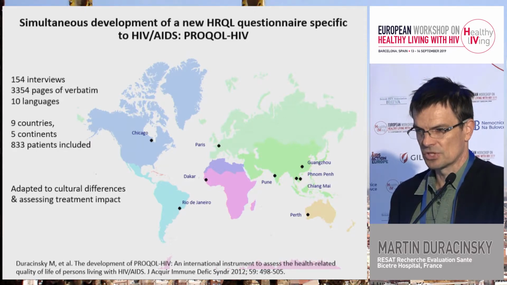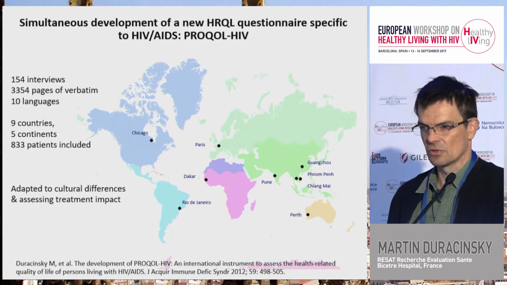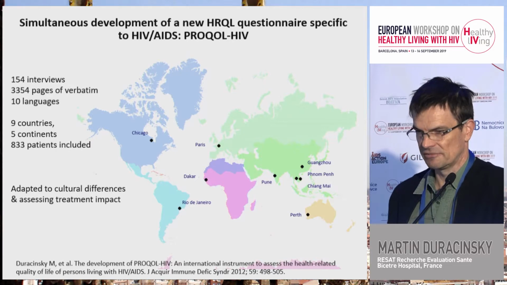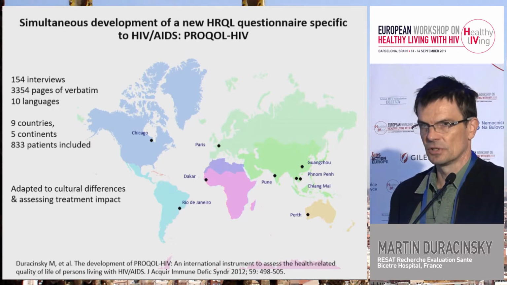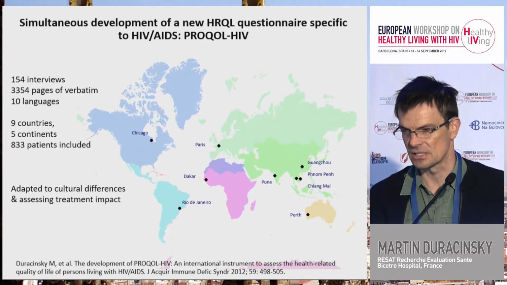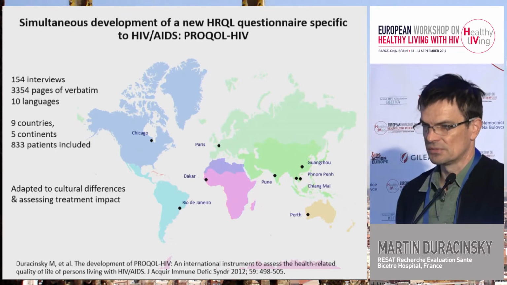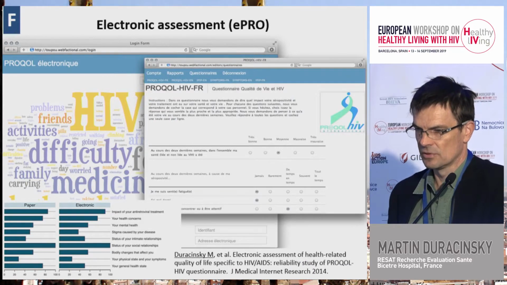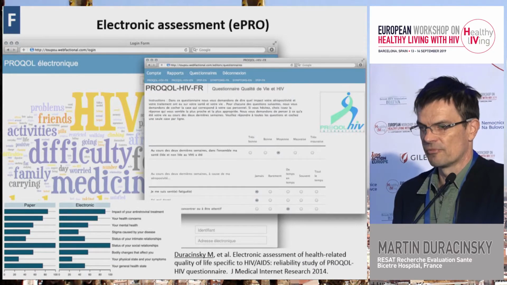So this is an example of the study we made to validate a multidimensional questionnaire, Procol HIV. We made it in 9 countries, and it was based on a qualitative and quantitative phase. The objective is really to have a tool that would be adapted to all the cultural differences and also assess treatment impact. It was also published in 2014.